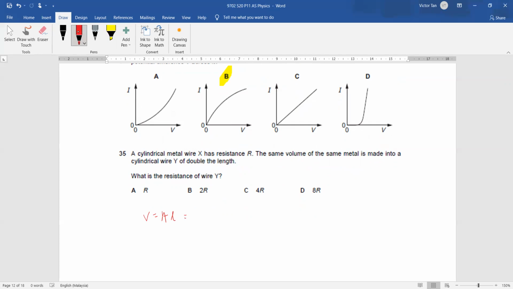Also, double the length 2L means the area is half A. So the resistance is rho A over L initially. Now the resistance becomes rho A over 2 over 2L. So it becomes 1/4 rho A over L. So it's 1/4.